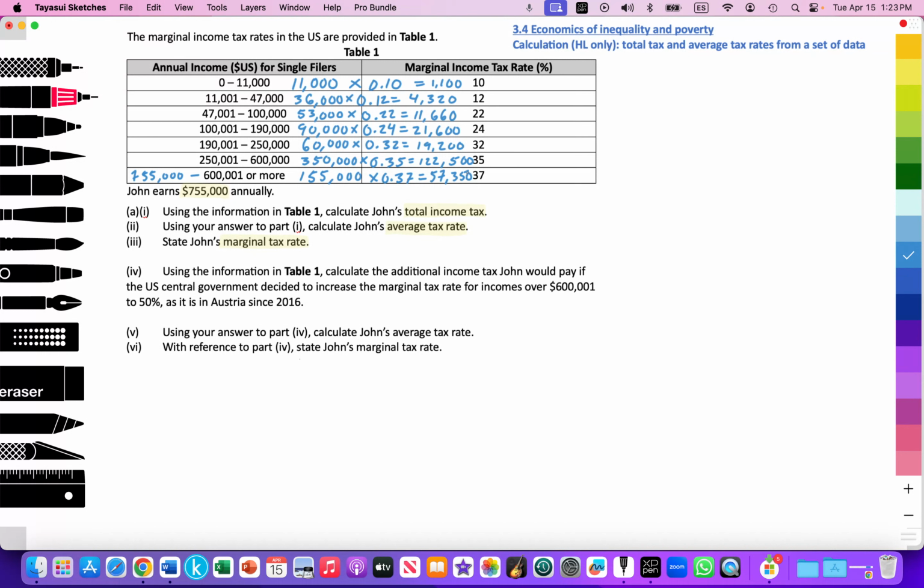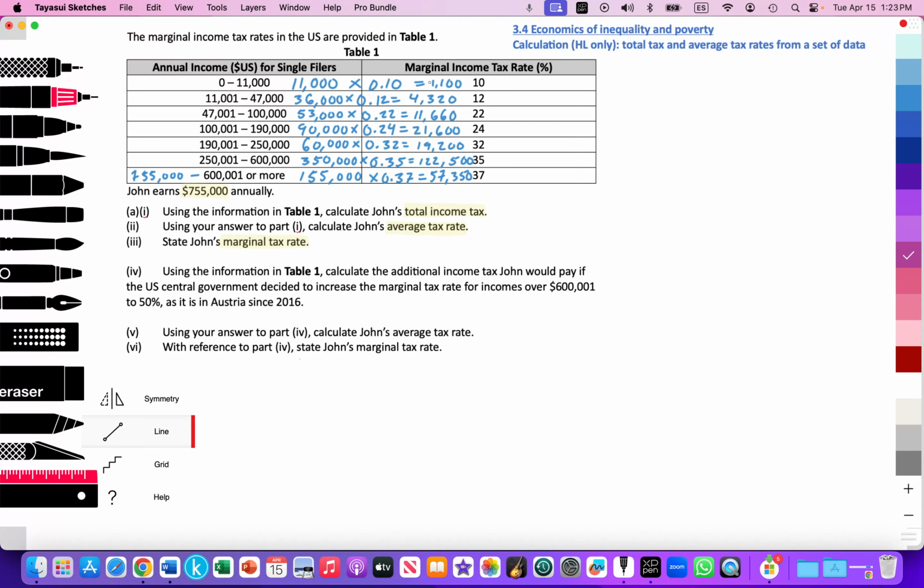57,350 dollars. Okay, so this is how we would break it down for the test, taking a certain amount in each bracket multiplied by the marginal tax rate. And now we have to calculate the total income tax, so I'm going to add that all up.